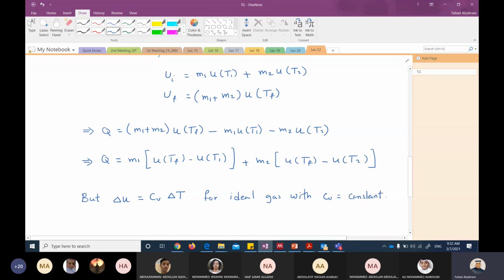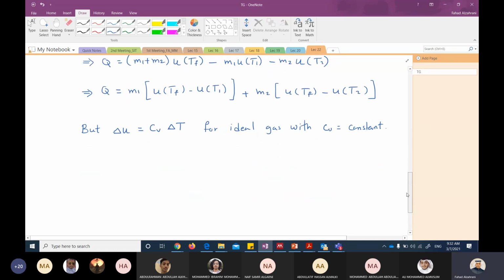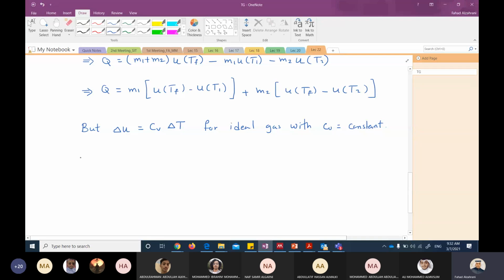So if you have an ideal gas with constant specific heat, I can rewrite the change in the internal energy as CV times the change in temperature. And this is the idea behind this question here.